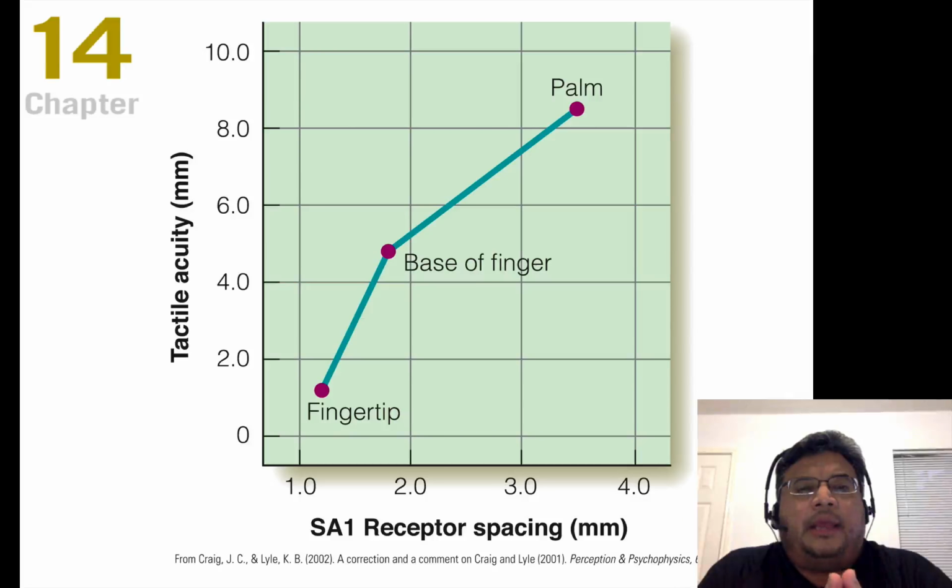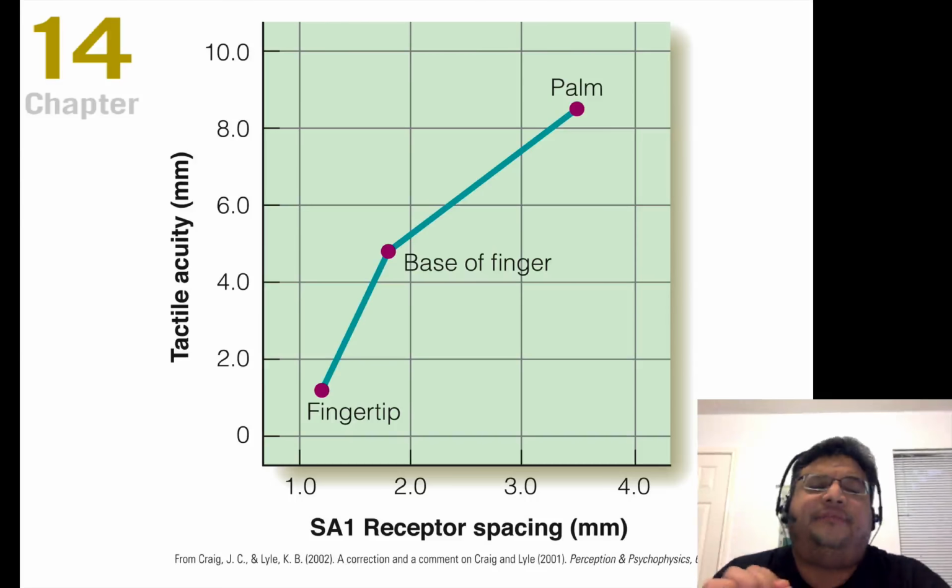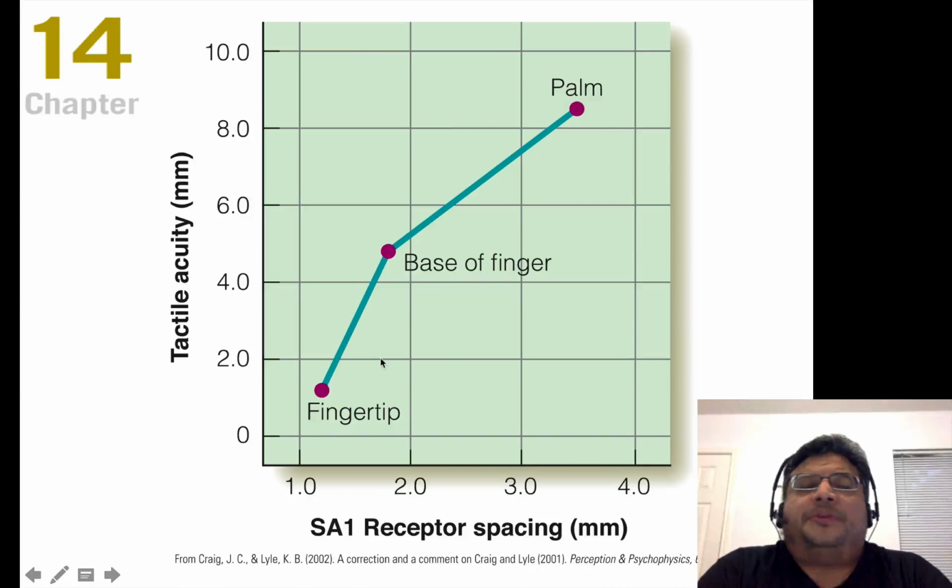This is a graph that shows us the relationship between tactile acuity, in other words, how sensitive you are to touch, versus how spaced apart the Merkel receptors are. And you see there's almost a perfect linear relationship.